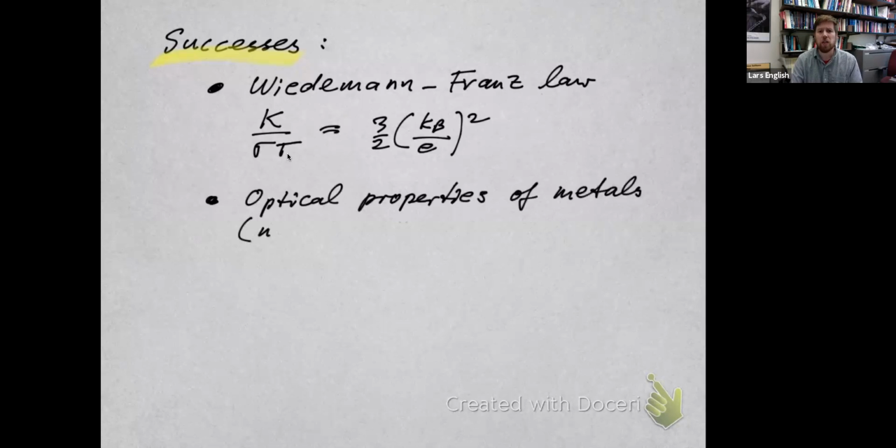A second success would be optical properties of metals, our next topic, and also the subject of our next video. We're going to get there momentarily. This is how metals interact with light, with electromagnetic radiation.